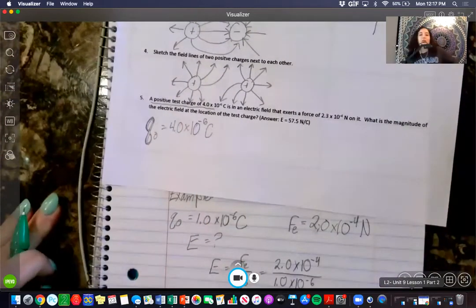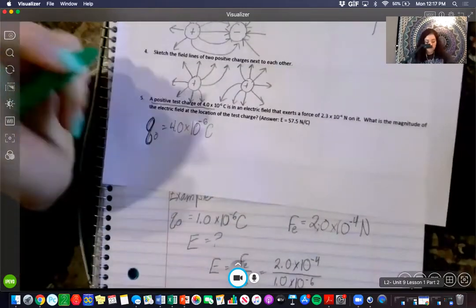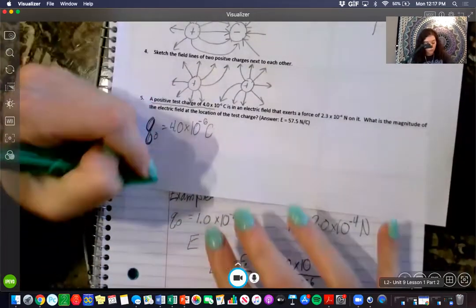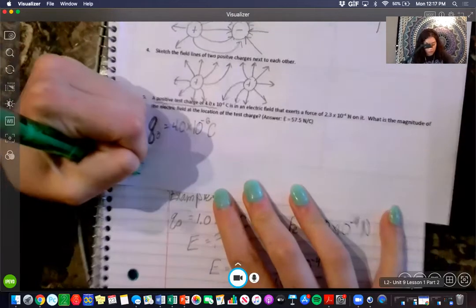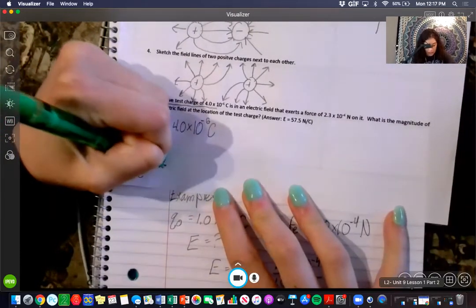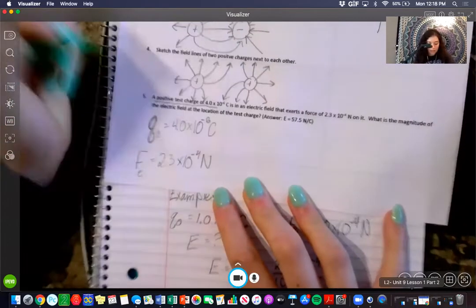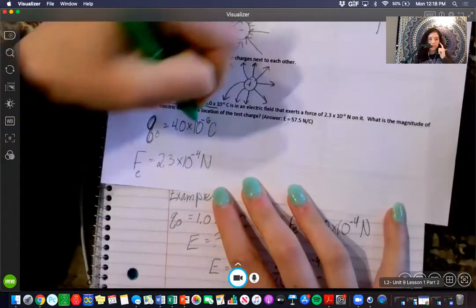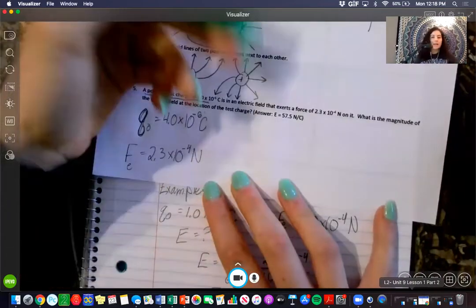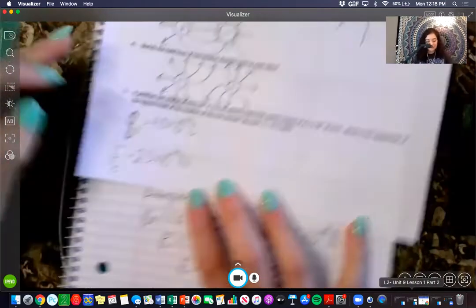All right, it's in an electric field that's exerting a force, F_E, of 2.3 times 10 to the negative 4 newtons. We want to know the magnitude of the field at the location of the charge. I gave the answer. Let's double check that we can get there, okay?